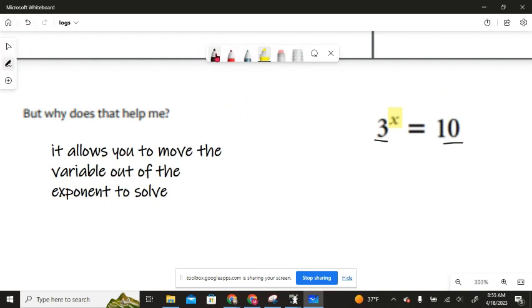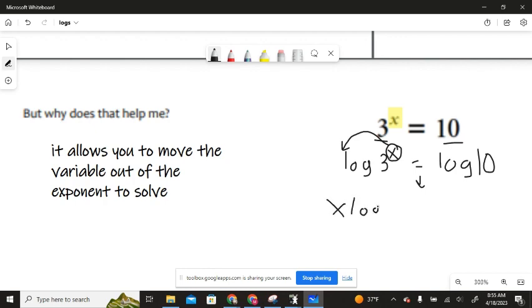So first step, we take the log of both sides here: log of 3 to the x, and the log of 10. Now, any exponents up here in your original problem will float in front as a coefficient instead. So it turns from log of 3 to the x into x in front.